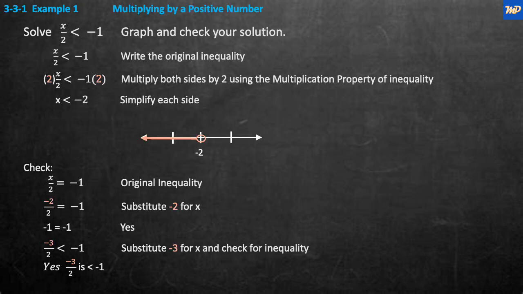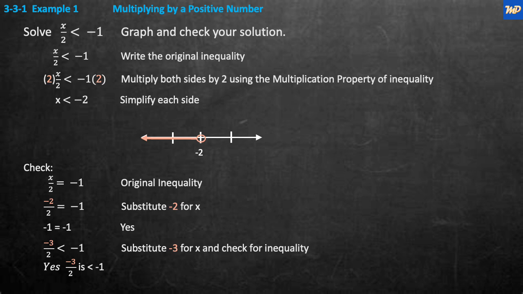Example 1, multiplying by a positive number. Let's look at x divided by 2, or x halves, is less than negative 1. They want us to graph and check the solution. So remember, we're multiplying by a positive number.